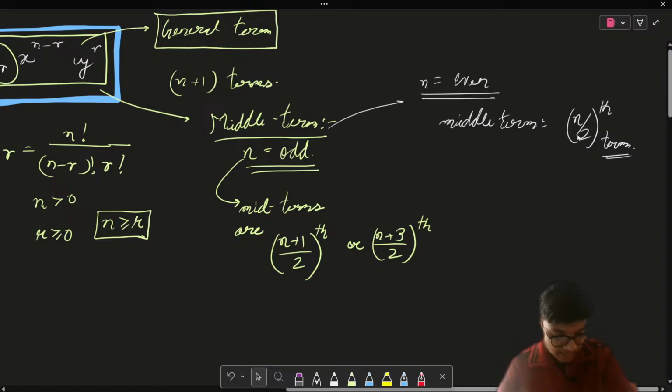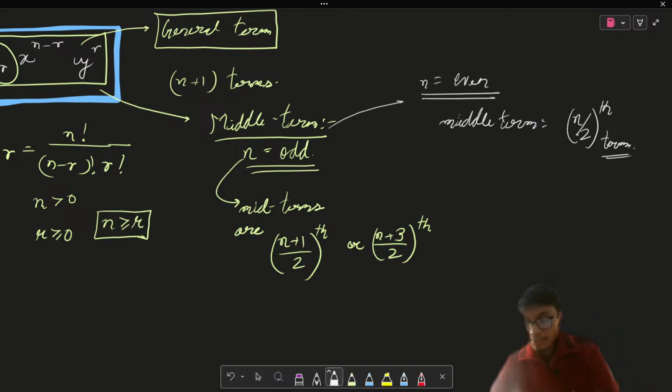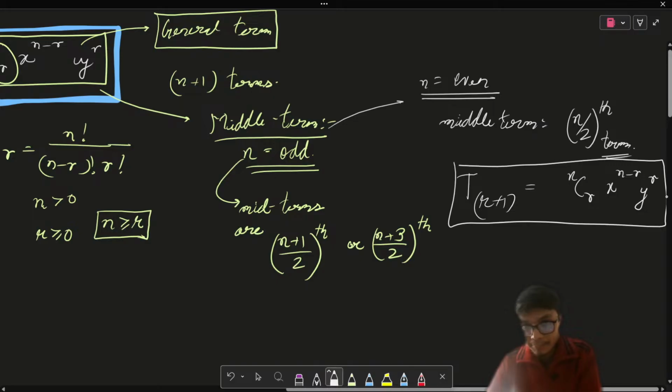Okay, what I'm trying to explain is that the general term, that is the T of r plus 1 term, we write as nCr x to the power n minus r and y to the power r, right? So this is how we write the general term. So over here, when we have the (n by 2 plus 1)th term, that means r is n by 2. Okay.